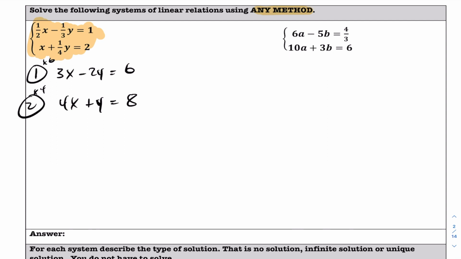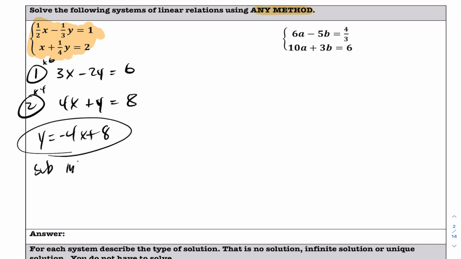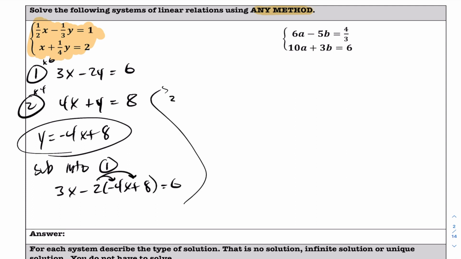And I'm going to solve this using substitution. So using substitution, I'm going to isolate for y, and then I'm going to sub that into equation 1. So I get 3x minus 2 times negative 4x plus 8 is 6. So I end up getting here 3x plus 8x minus 16 is 6. 11x minus 16 is 6.